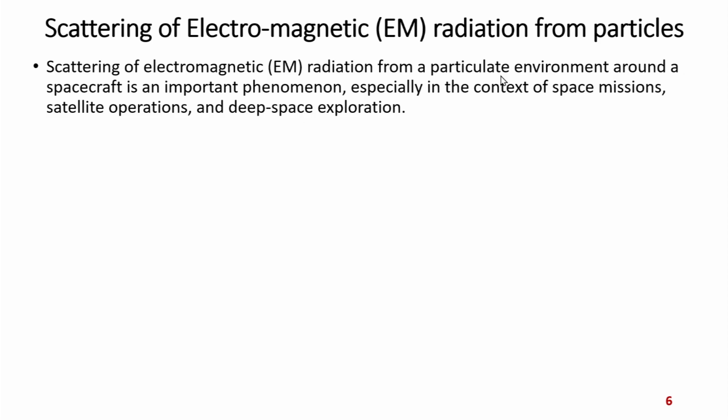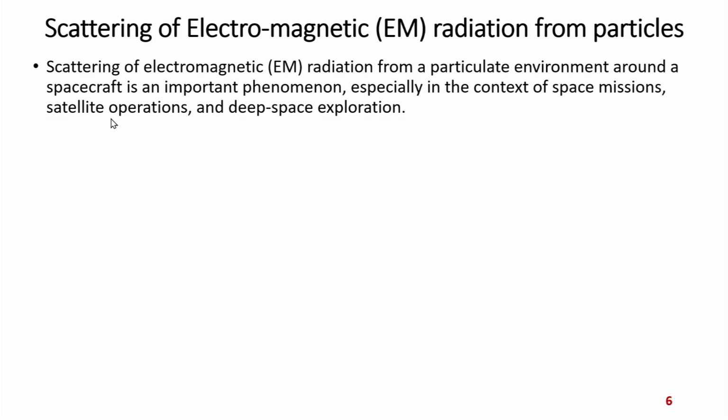Scattering of electromagnetic radiation from the particulate environment around a spacecraft is a very important phenomenon. When we consider space missions, space observation, and even satellite operations, we need star trackers, also called star sensors, or earth sensors, and these are basically optical payloads. So, it creates a lot of problems.